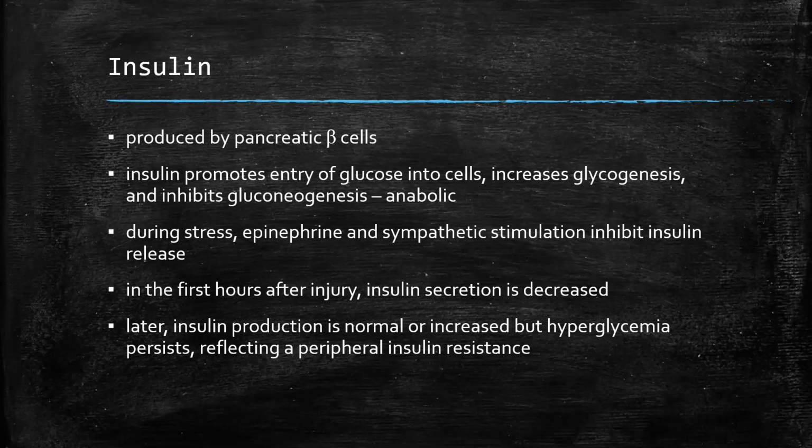But hyperglycemia can persist for a long time. In a burn patient, it can persist for months. And so there's a peripheral insulin resistance that develops in the trauma patient, probably from a downregulation of insulin receptors.